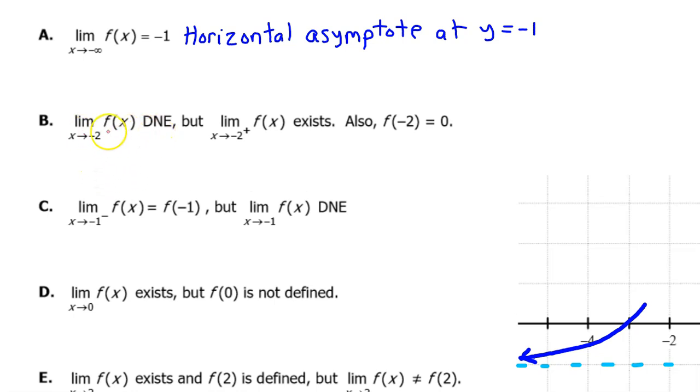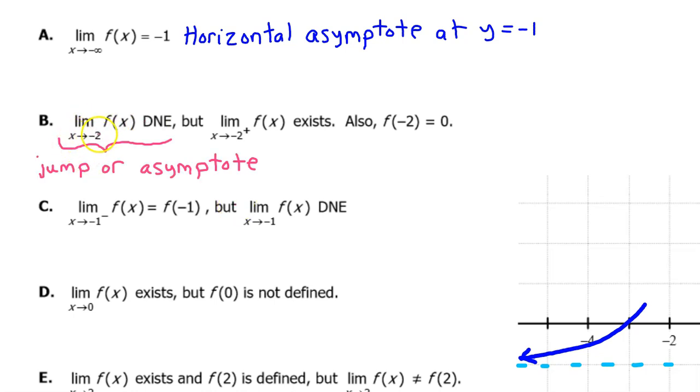Part B says the limit as x approaches negative 2 does not exist, but the limit as x approaches negative 2 from the right does exist. And also, f at negative 2 is equal to 0. Let's break this down. This first part that says the limit as x approaches negative 2 does not exist means one of two things.